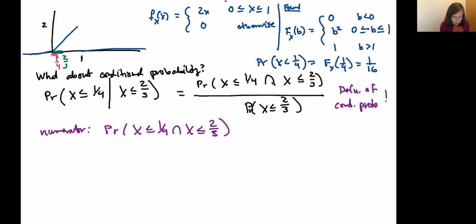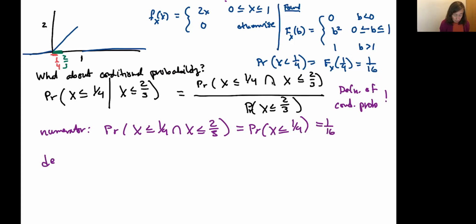What is the intersection? It is 1/4 here. Okay. So that numerator is the probability that X is less than or equal to 1/4. And we already found that in a little example up here. That is 1/16. Okay, so that's what we have in our numerator.